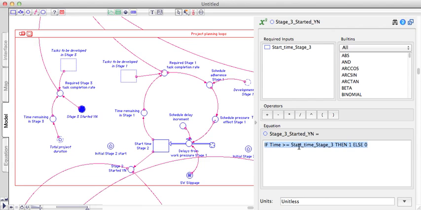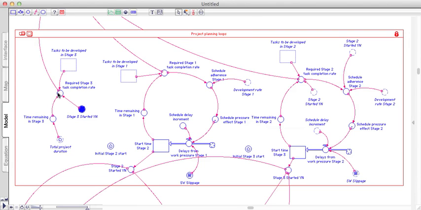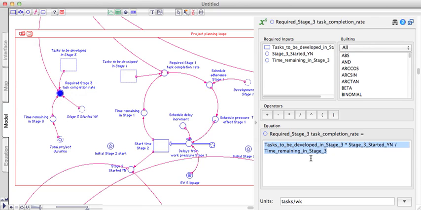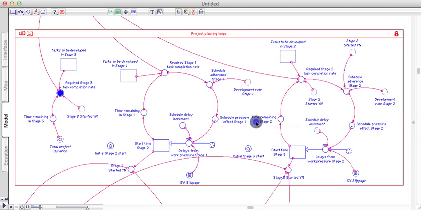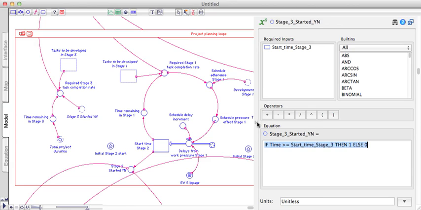It says if the time is greater than the start time, then 1, else 0. And next you multiply here by stage 3 started, yes, no. So if this is not yet started, it's 0, so this whole thing becomes 0 as well. And there are a couple of similar Boolean values for stage 2 started and stage 3 started, again with the same if-then logic.